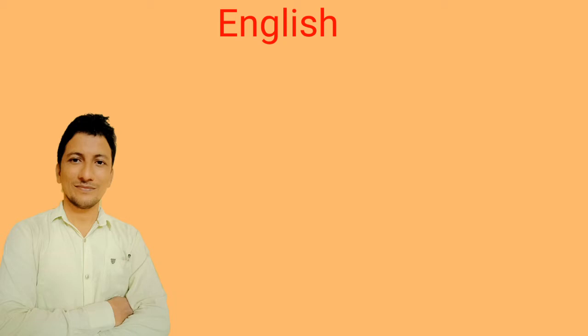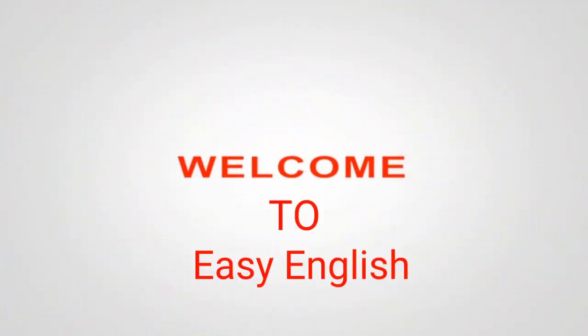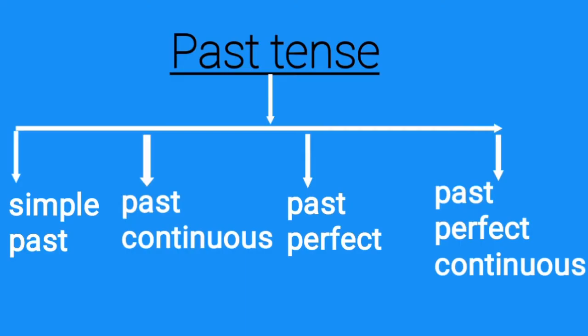Today we are going to start learning past tense, and especially all subtenses of past. So without wasting time, let's begin past tense. So friends, like present, past tense also has four subtenses, which are simple past, past continuous, past perfect, and past perfect continuous.